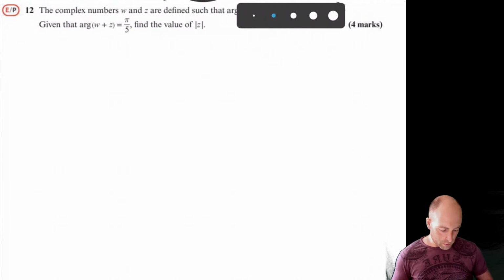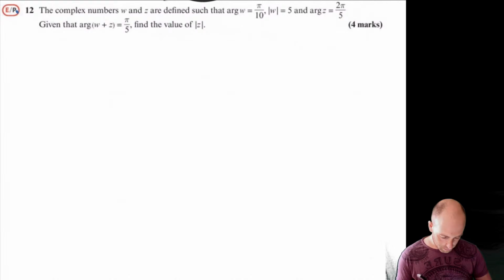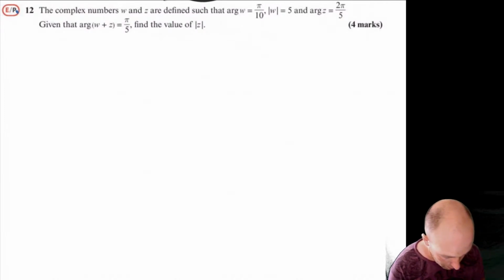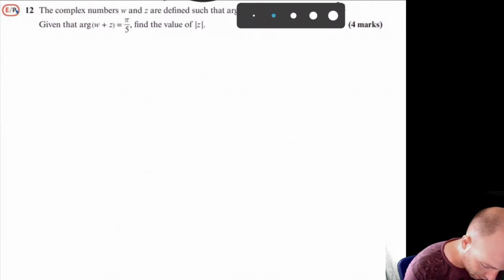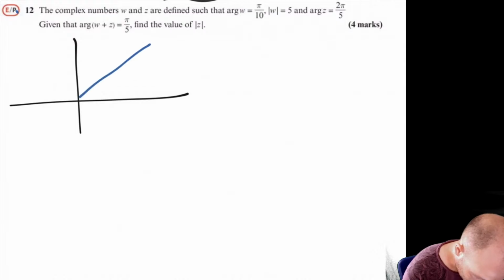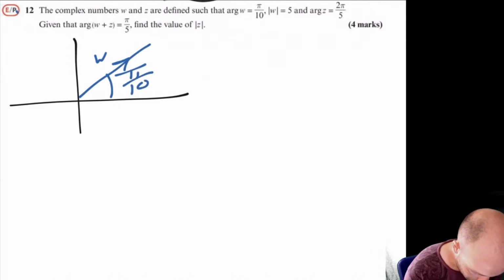Cool. All right. So having a look at this one then, we've got two complex numbers, W and Z, and we know the argument of W is pi by 10. So I'm going to draw an Argand diagram for this. And we know the modulus of W is 5, so I could put in a 5 there as well.